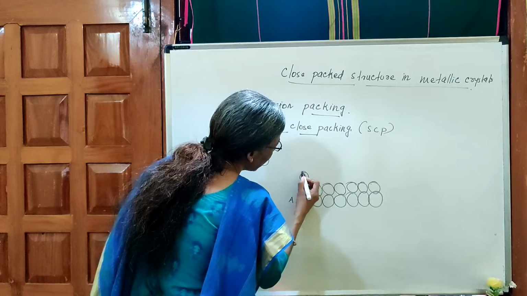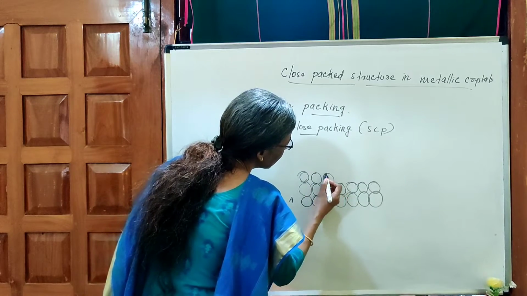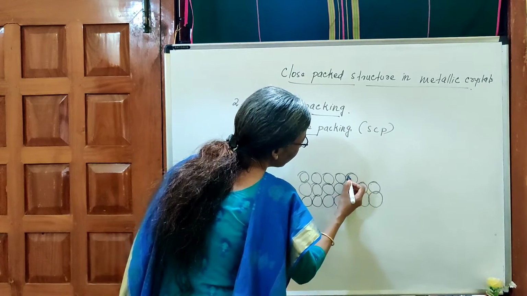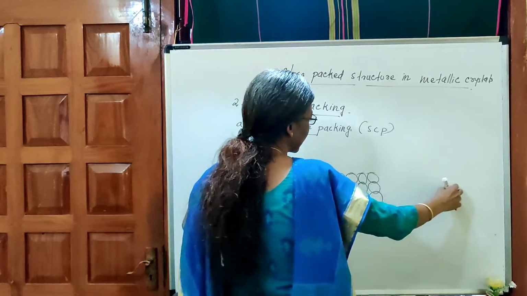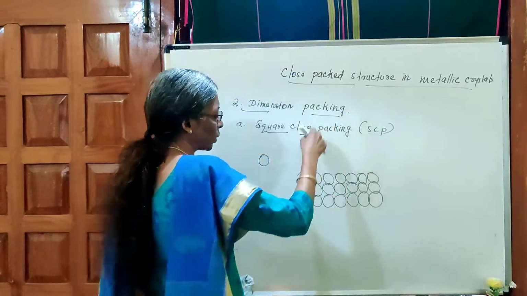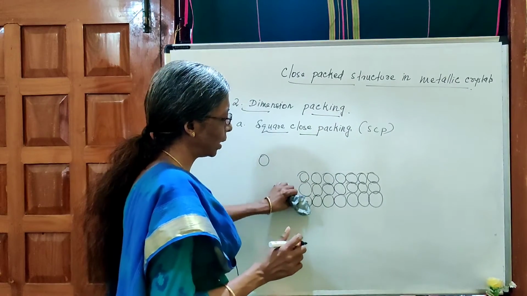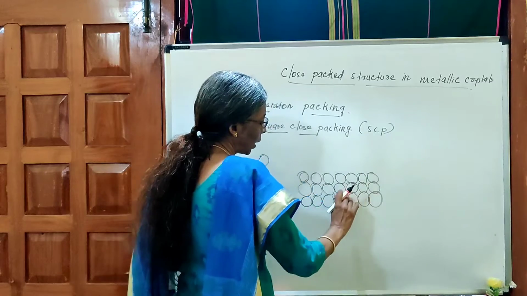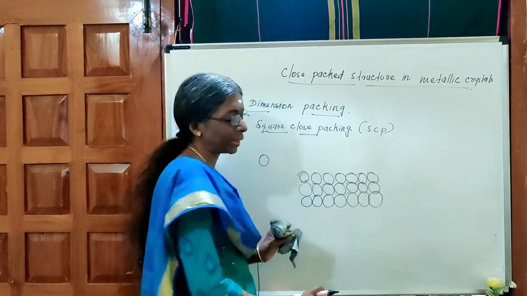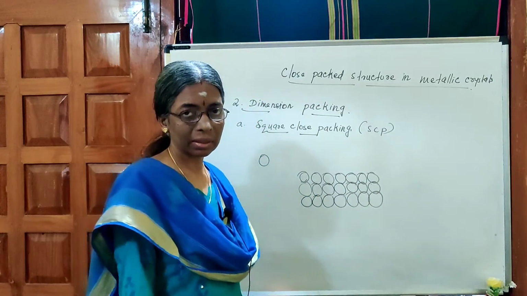Third layer is 1, 2, 3, 4, 5, 6, 7. It will be extended this side also, horizontally it becomes longer, and vertically you can extend it too.